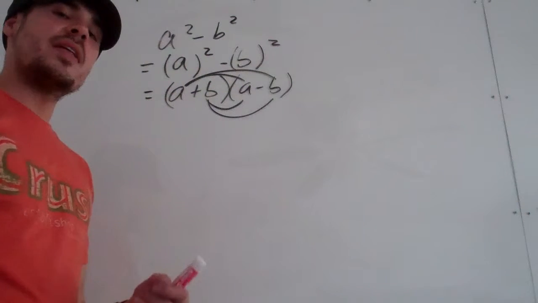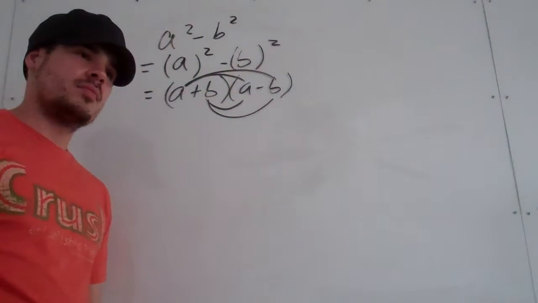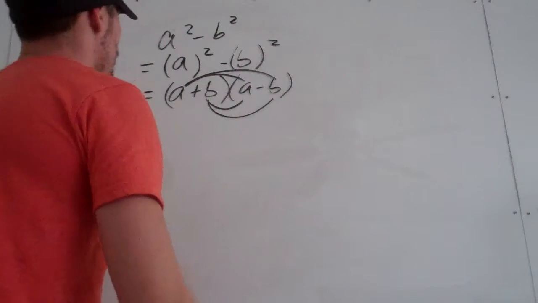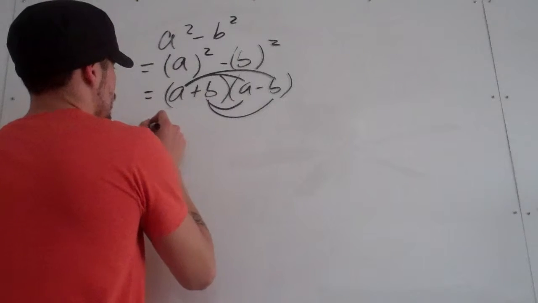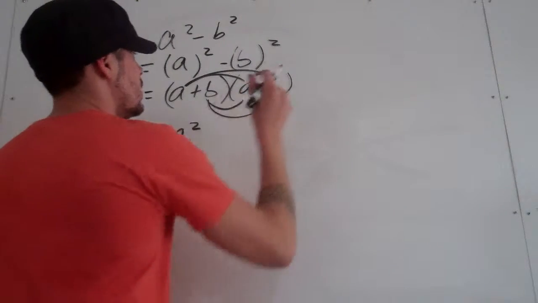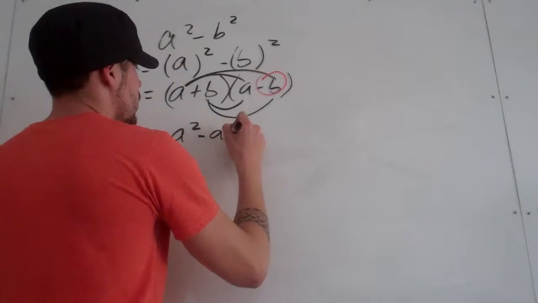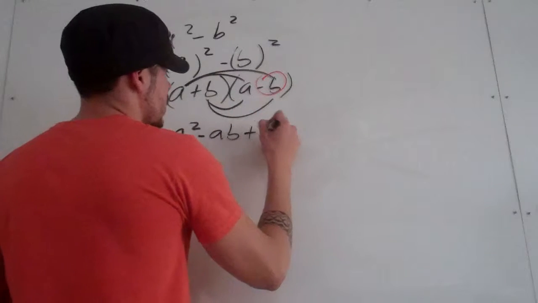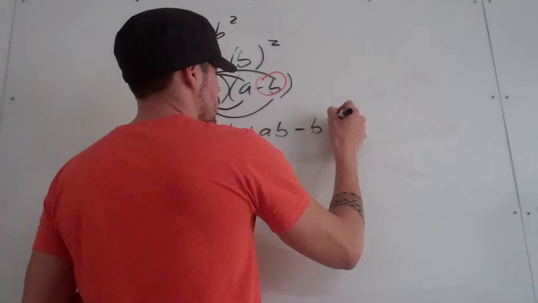I have the FOIL method, I have a multiplicative version of the FOIL method, which is just doing it vertically. So now, I'm going to say a times a, which is a squared, and a times negative b, don't forget your negative b here, which is negative ab, and then b times a, which is plus ab, and b times negative b, which is negative b squared.